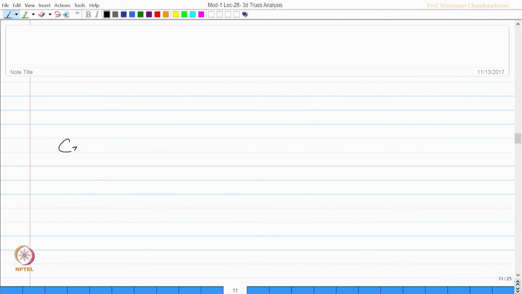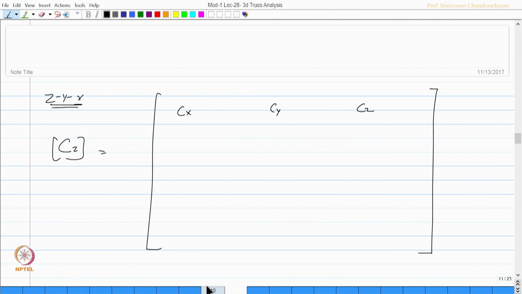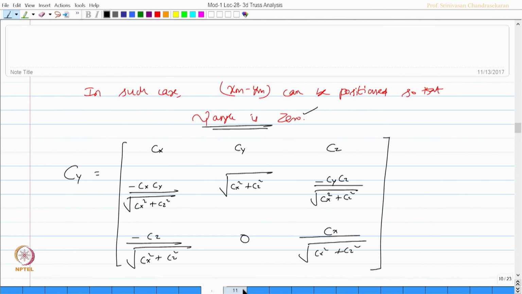You can also write Cz for ZYX transformation as Cx, Cy, Cz. We derived this equation earlier, except that we are substituting psi angle as 0 in the whole equation. Okay.